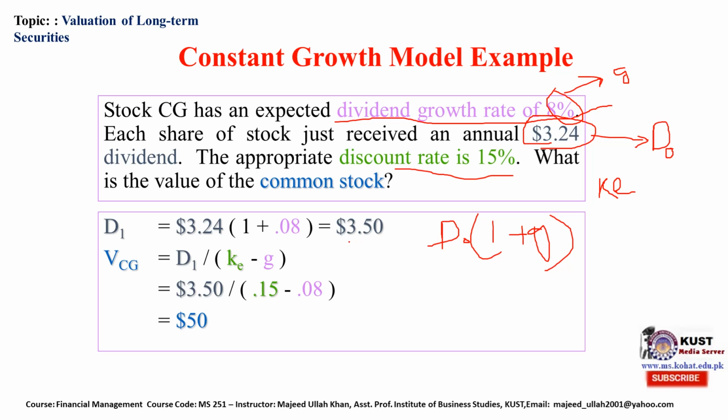This D1 becomes how much? $3.5. So the value for the constant growth model is D1 divided by KE minus G. Putting values, D1 is 3.5, KE is, as I told you, 15%, 0.15, and G is 0.08. When we calculate it, that is $50. So the value of this stock should be $50.